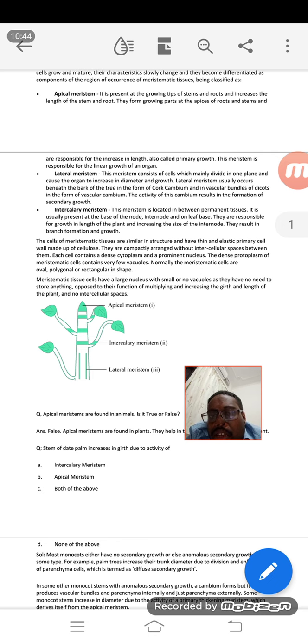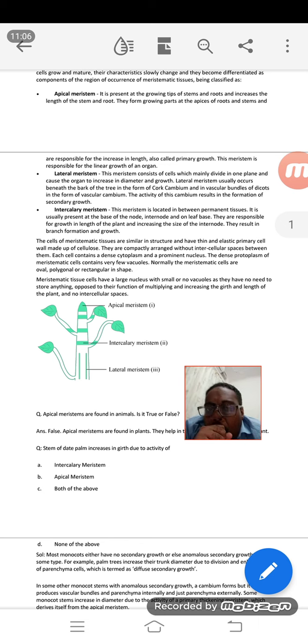If vacuoles are there, division will be very difficult, because vacuoles mean empty space. It is not possible to divide, because they have to maintain the ploidy, that means the chromosomal structure of a particular cell.